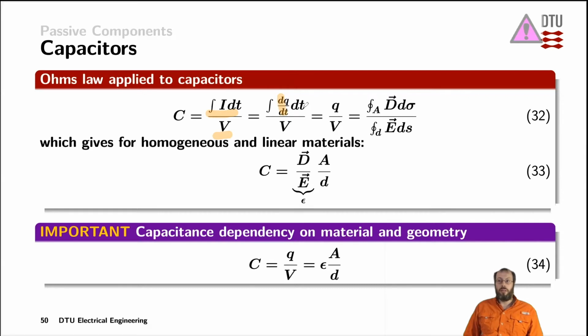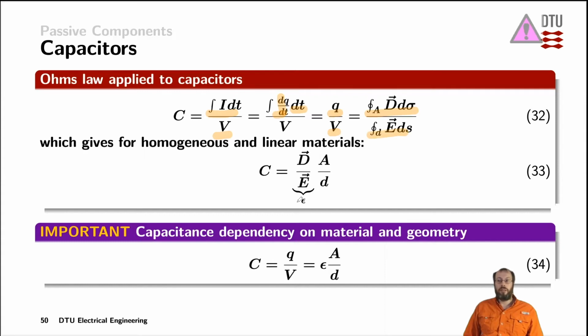That means the integral over time cancels out with the time derivative here, and we have the definition of the capacitance, charge stored per voltage, as engineers tend to express it, and putting in Gauss' law up here and Faraday's law at the denominator, we have the relation to physics.